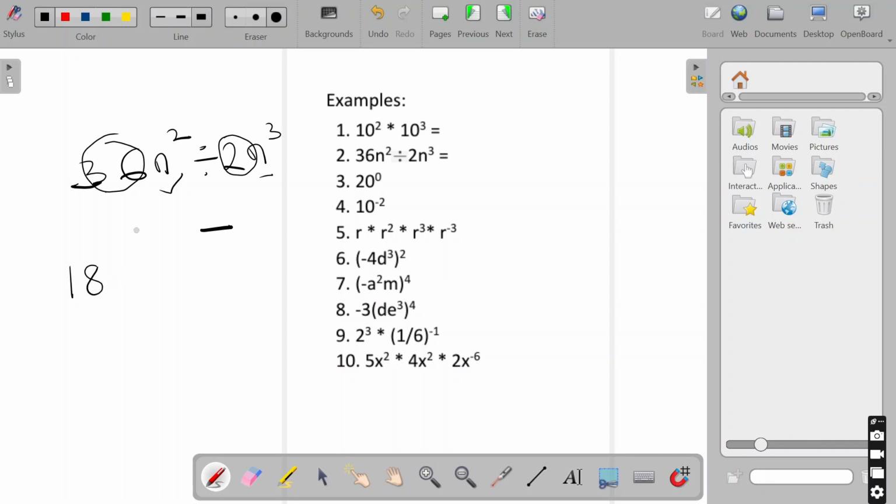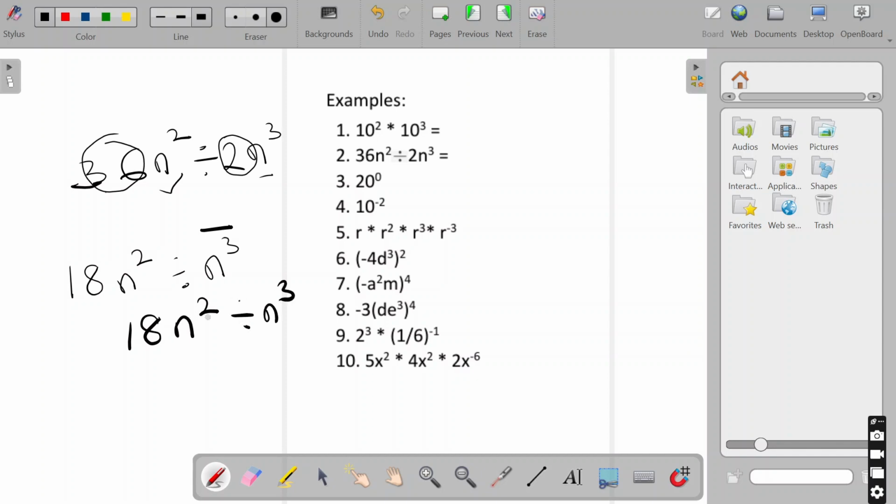So we have 18n squared divided by n raised to power 3. And don't forget the second law of indices. So n squared divided by n raised to power 3 means 18n raised to power 2 divided by n raised to power 3.